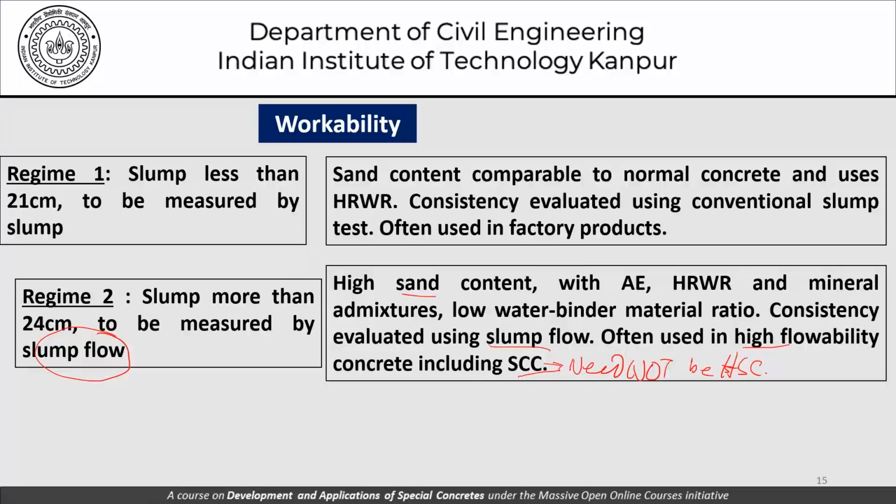Self-compacting concrete could be very normal strength concrete. But when it comes to high-strength concrete, yes, in this regime, that high-strength concrete could also be self-compacting in nature. So compactability and strength are not necessarily the same. They are essentially different properties, and that's something which you must keep in mind.